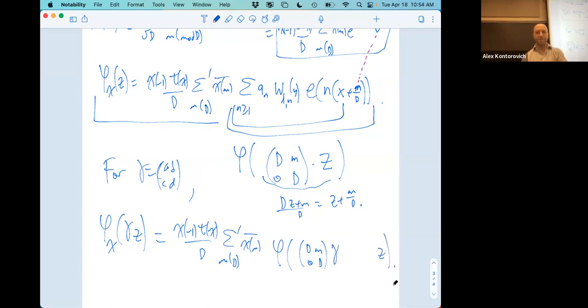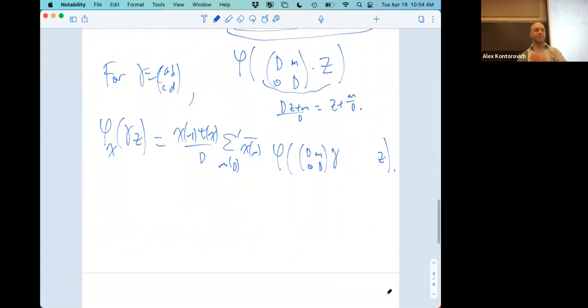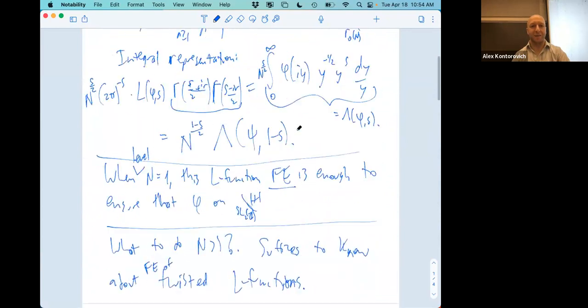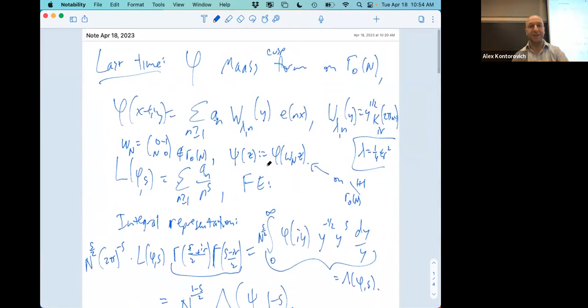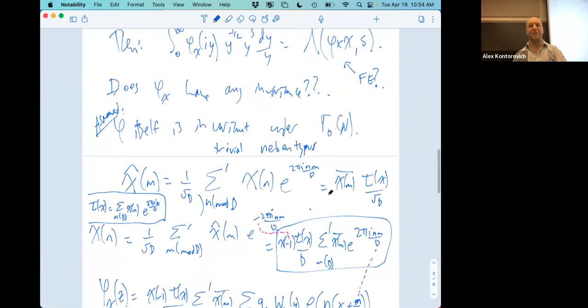So this is a very similar realization to the conjugating one, in a sense. Yes, the fact that psi is also invariant under gamma naught n because Wn normalizes gamma naught n. It's a similar computation.